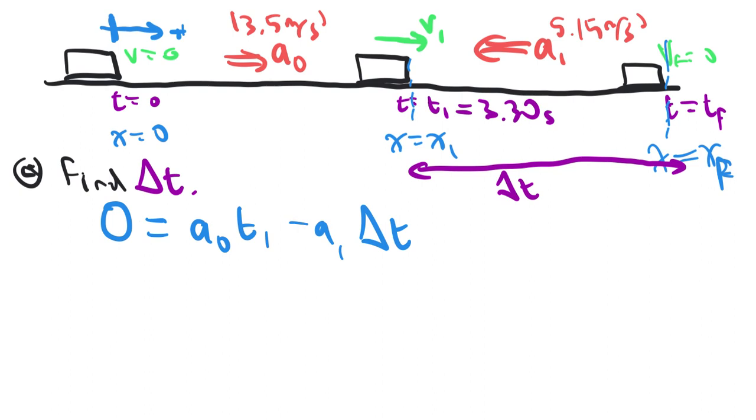Then it is just a matter of doing some algebra. So for instance, I want to isolate delta t, and the first thing is to get everything with delta t by itself. And so I'm going to add A1 delta t over here. But there's only one rule in algebra, which is whatever you do on one side, you have to do on the other side. So I add it over here.